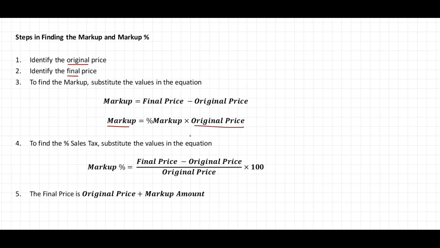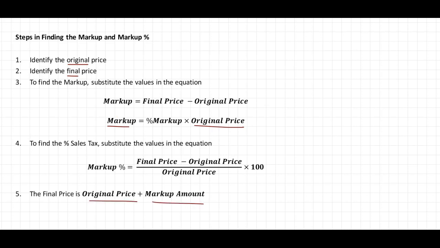So that's going to give you your gain in value or in amount. And then to find the markup here, you can substitute the values. You can also see sales tax as a type of markup. It's an extra amount you pay based on the base price. But in this case, we're going to focus on markup. And so the final price is going to be the original price plus the markup amount.